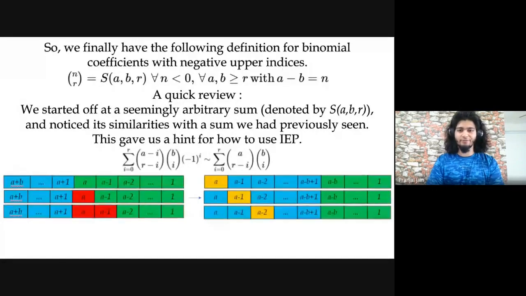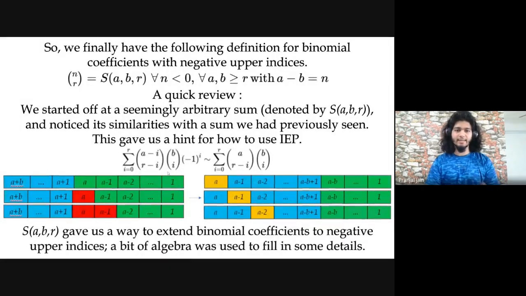It does the heavy lifting for us, and we get the formula A minus B choose R for this. And then S of ABR gave us a way to extend the binomial coefficients to negative upper indices, and we used a bit of algebra to fill in the details. Now I'll give you some time to look at this, and the next part is the third part, where we'll be going a bit deeper into the algebra aspect.